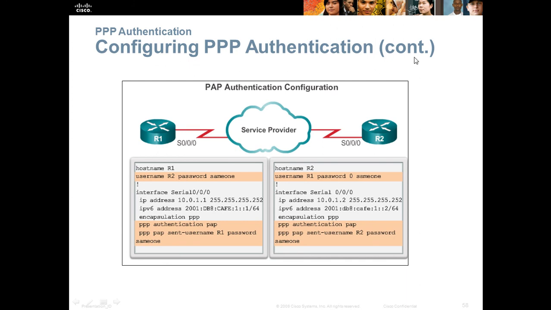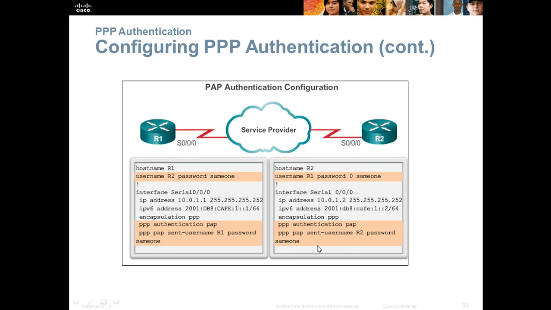Configuring PPP authentication. On router 1, we configured username router 2, password someone, ppp authentication pap, and ppp pap sent-username router 1 password someone. Similarly, on router 2 we have to configure ppp authentication pap, because on router 1 we have configured PAP authentication.